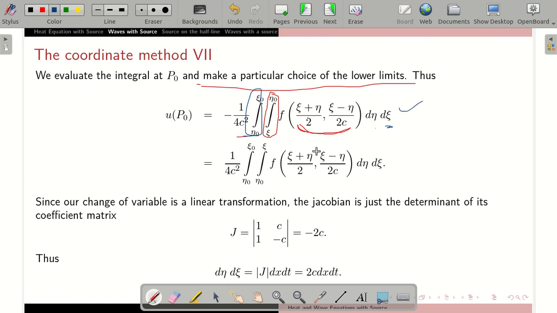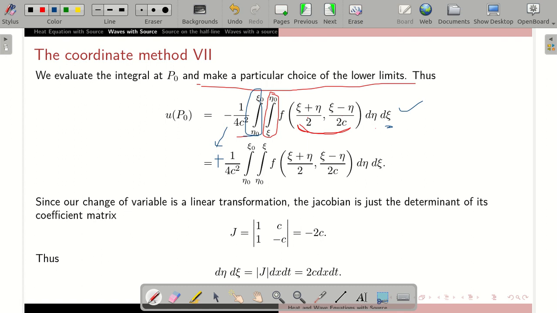Okay, so now I reverse the second limit, from eta 0 to xi, so you get a plus sign here. Just reverse the second limit to get the plus sign.